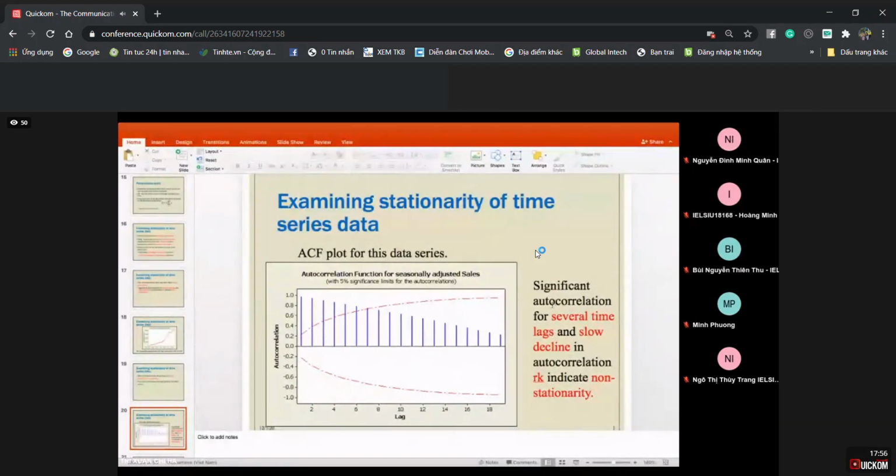That is also a signal of non-stationarity. So ACF, the autocorrelation function, is significant at several lags, plus slow decline.